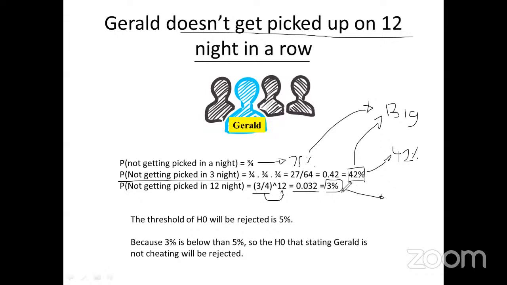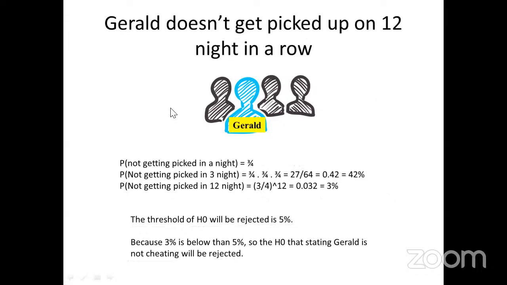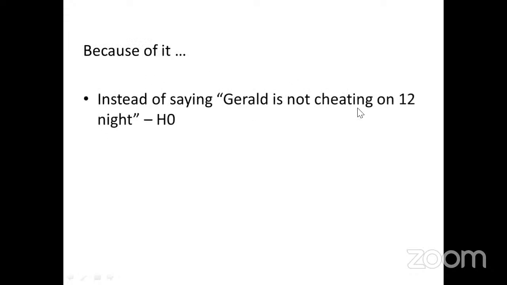So we are going to use another kind of hypothesis. We will use H sub 1, instead of H sub 0, the first hypothesis, which said Gerald is not cheating over 12 nights.